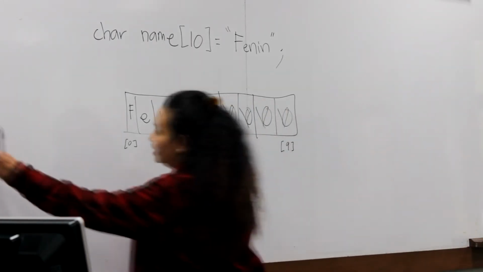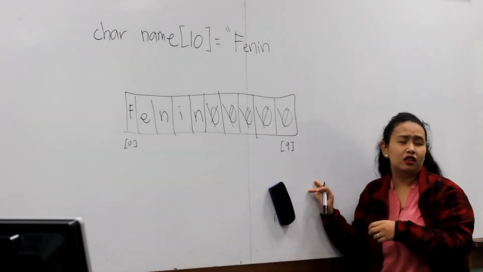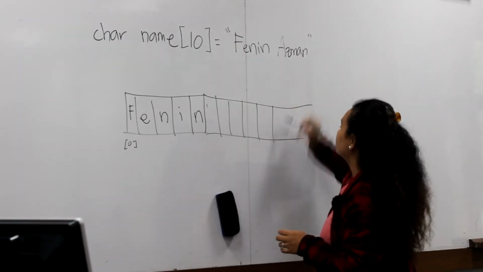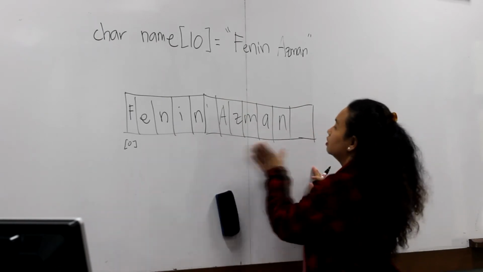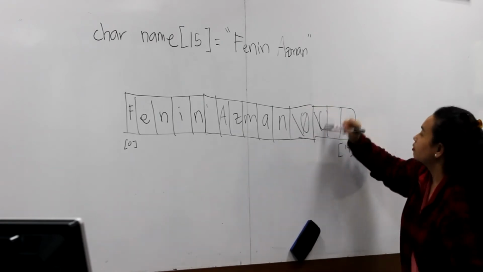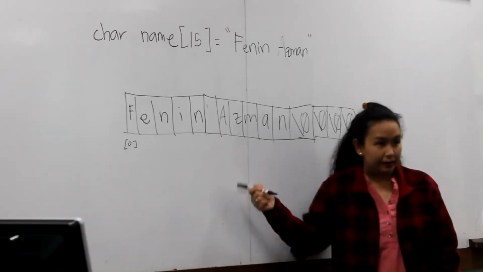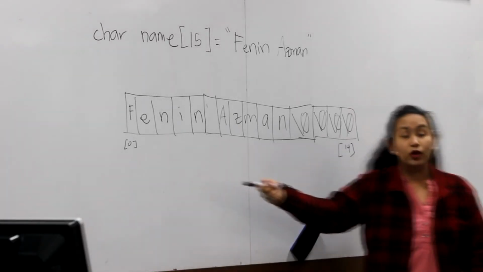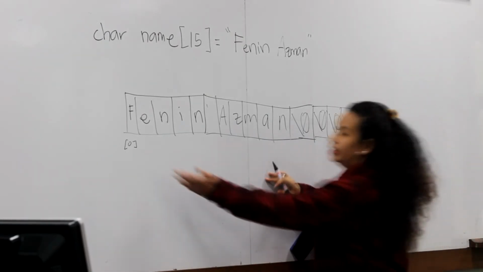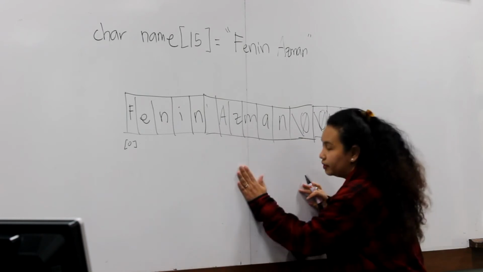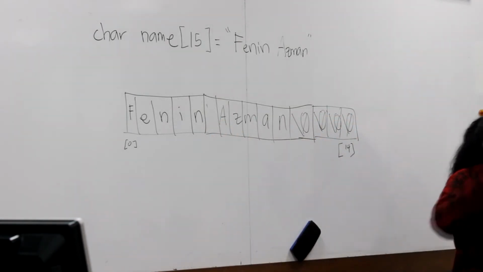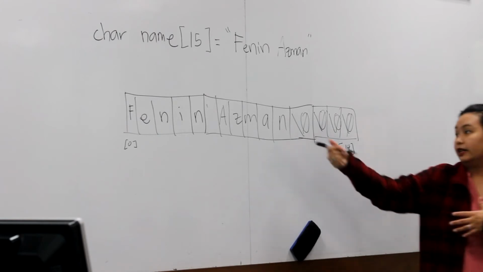So what if my name has a space inside, and I want the compiler to know that I am not done? Because once they read F-E-N-I-N, but my name is not done, there's a space here, so how do I let the compiler know that I am done now? Here.